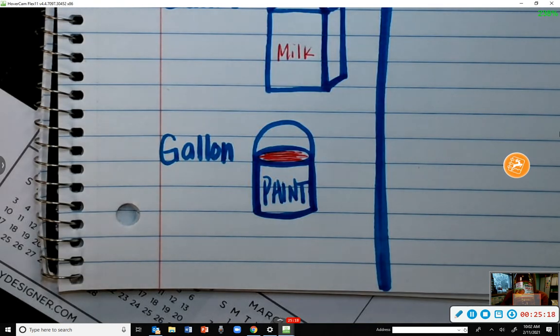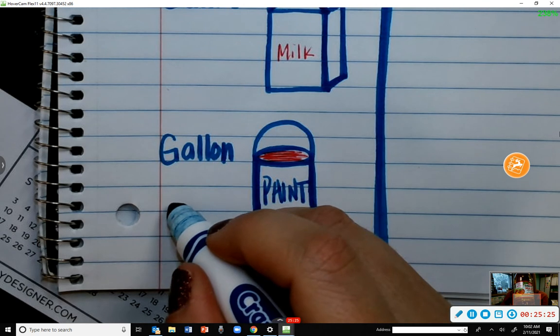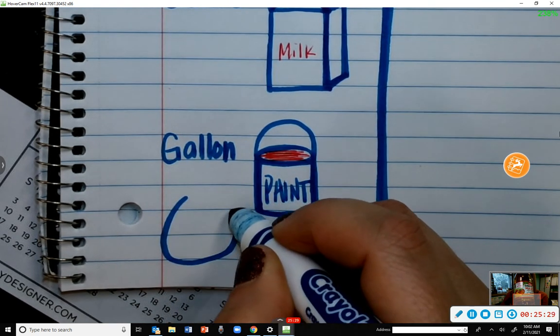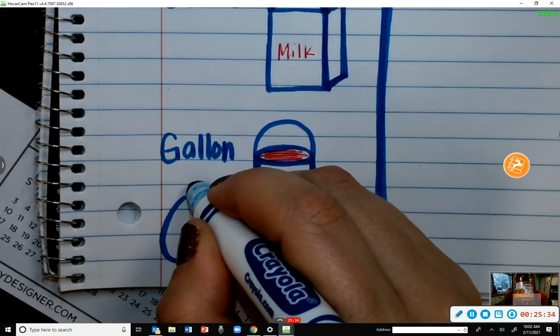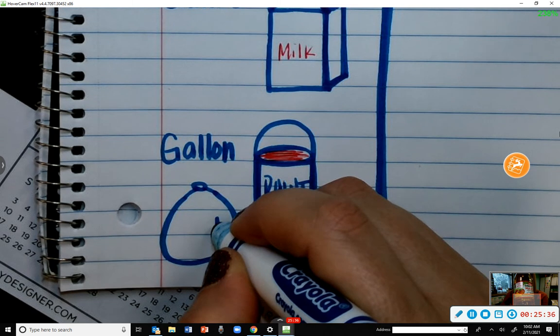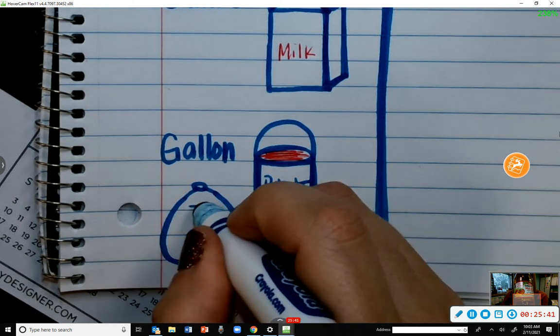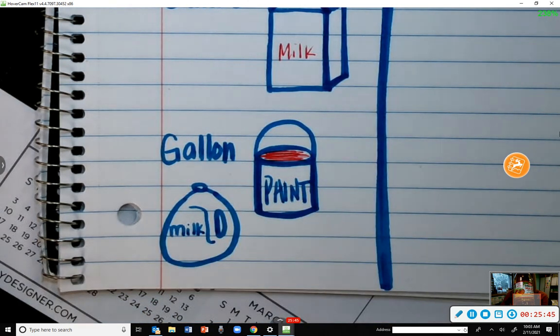Okay, so a gallon of paint, a gallon of milk. Okay, that's customary. That's normally what you're going to hear us use.